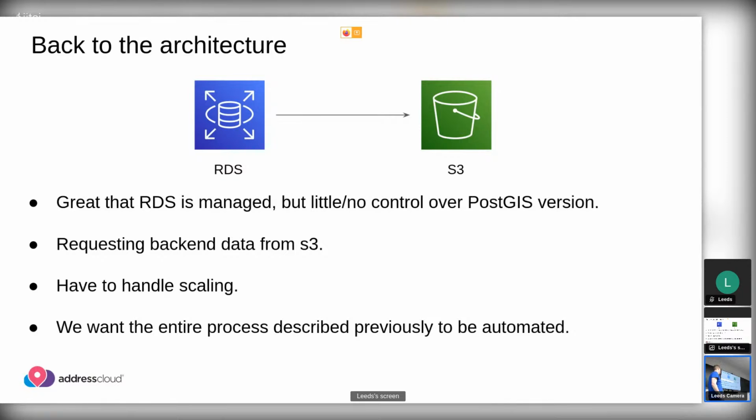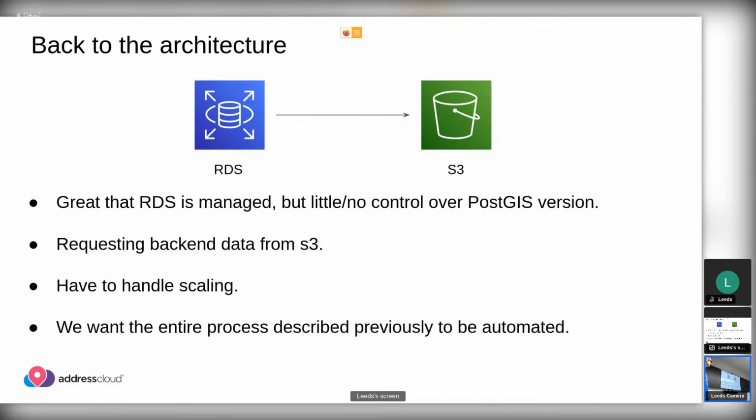And we've hit a wall before where there's functionality that we want, and that's not been in the RDS instance that we're talking to. Also, what we're doing here is we're requesting backend data from S3 over a HTTP protocol. That's not necessarily going to be the quickest thing in the world.